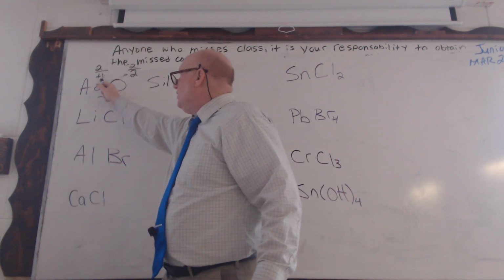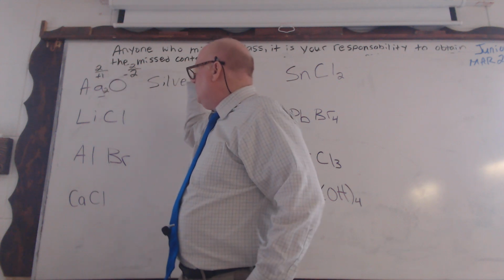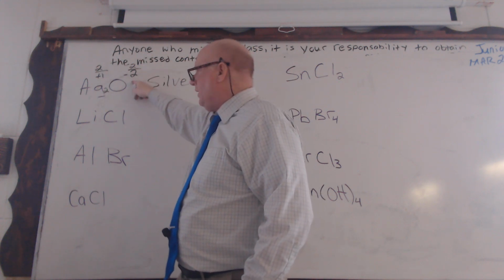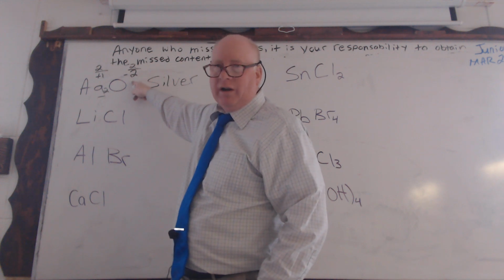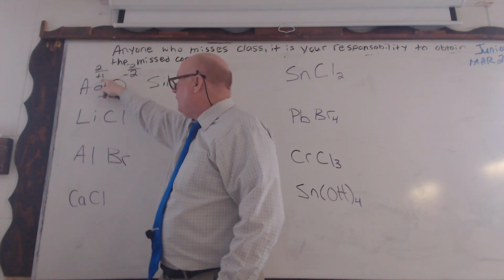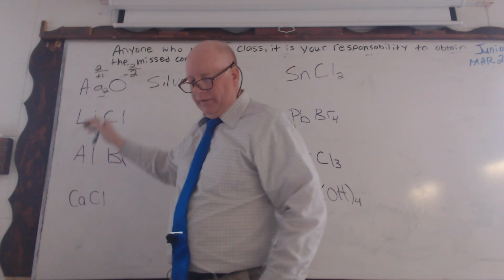These charges are the oxidation number because what we see happening is oxygen will gain 2 electrons. That's why it's a -2 charge. Silver will give away 1 electron for every element that you have. That's why there's 2 silvers then.